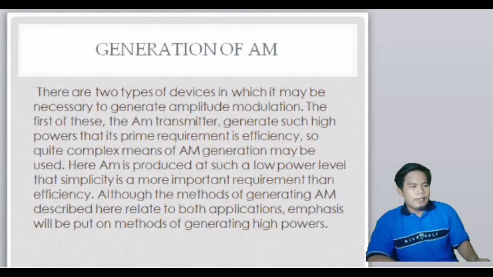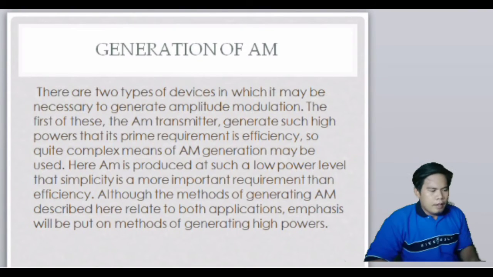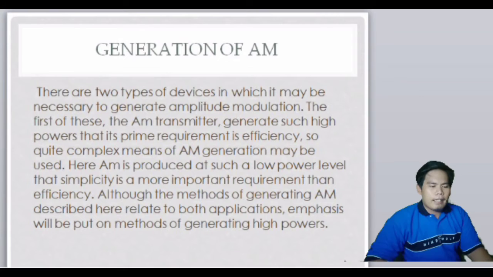Generation of AM. There are two types of devices in which it may be necessary to generate amplitude modulation. The first of these, the AM transmitter, generates such high powers that its prime requirement is efficiency, so quite complex means of AM generation may be used.